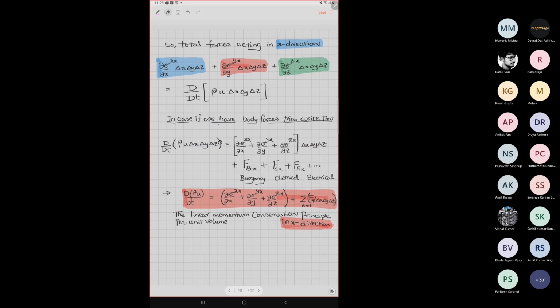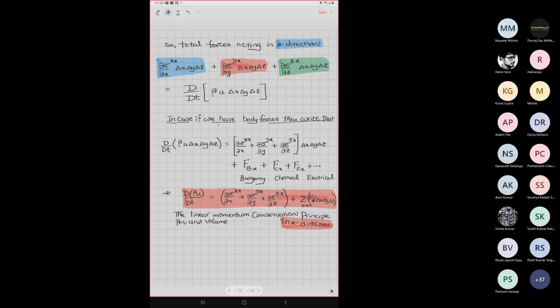But what we have to learn is that the overall theme goes this way. You write down the stress components on each surface, and that is the fundamental thing instead of forces. When you write down all these surface forces, suitably multiplied with areas, you get the total forces acting, which is equated to Newton's equation of motion to write the principle of conservation of linear momentum. Especially for fluids, we write it per unit volume.